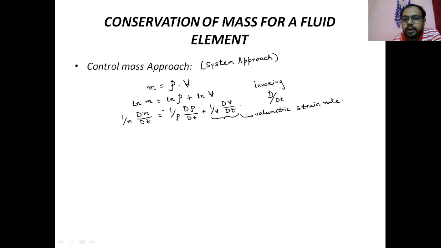Now we know the control mass system, where the mass in a system, what is the definition of the system? Fixed mass and identity. So here, for the control mass system, this term is automatically zero. So no change in mass. Zero is equal to 1 by rho d rho by dt plus 1 by V dV by dt.